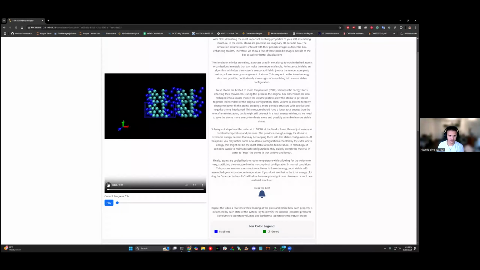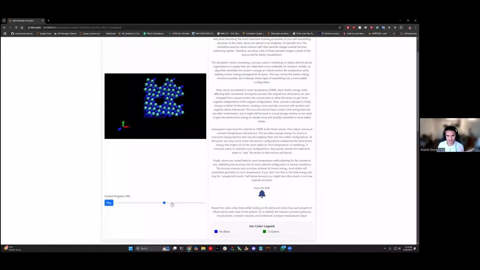So once I play the video over here, you see the atoms starting to assemble already in that pattern. Then they start clumping together into a square shape. And you can see that by now they already have a somewhat pretty stable structure. Now we're heating up the material all the way to 1,000 Kelvin in a process that we call annealing.